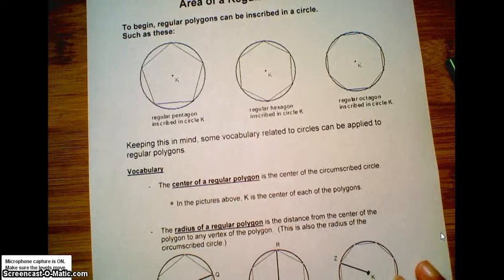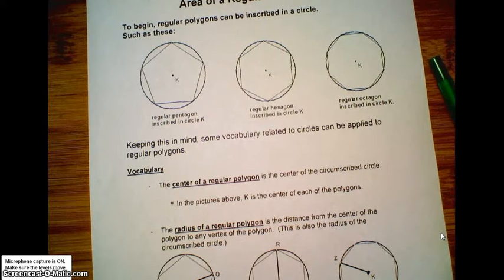Circles have infinite radii, but we're only going to be concerned with the radii that go out to the vertices. So the radius of a polygon will be the segment connecting the vertex to the center of the circle.